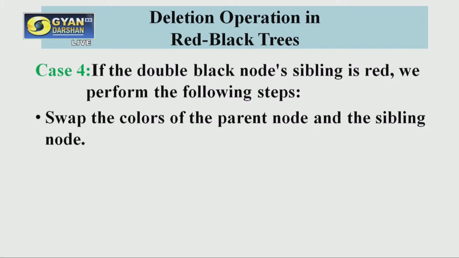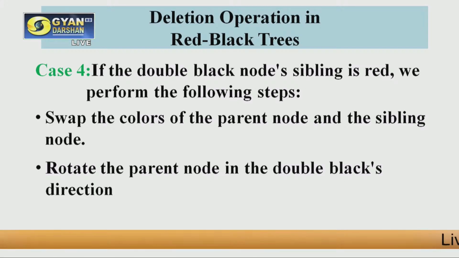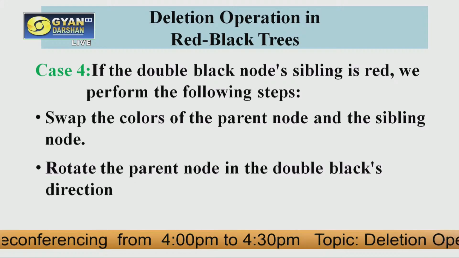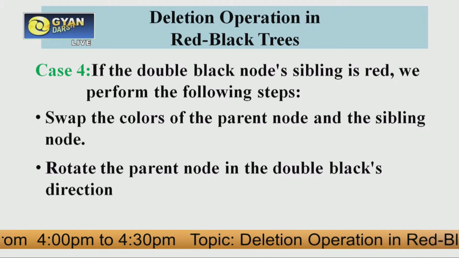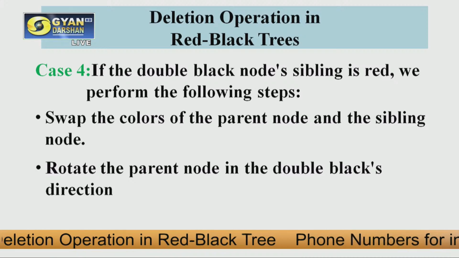That is, if the parent node is black and sibling is red, then parent becomes red and sibling becomes black. Then after this, we perform the rotation. Rotate the parent node in the double black's direction. That means if the double black is on the left side, then we do the left rotation. Otherwise, if the double black is on the right side of the parent, then we do the right rotation.